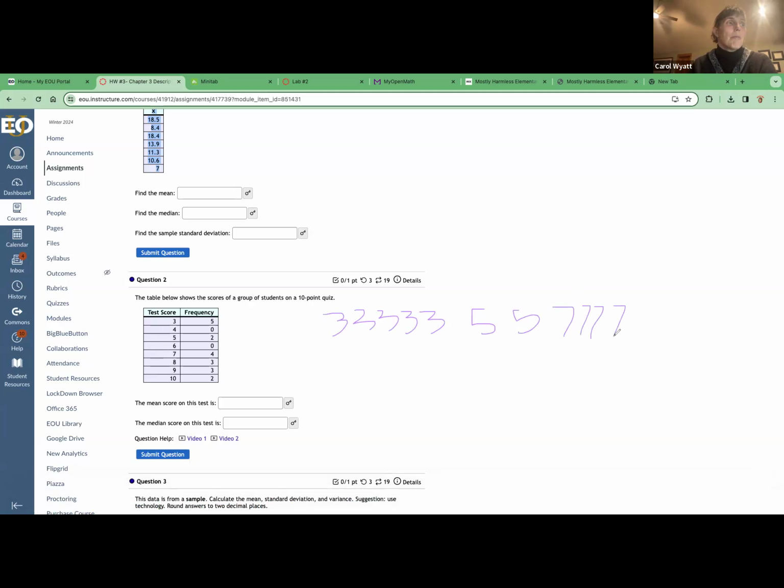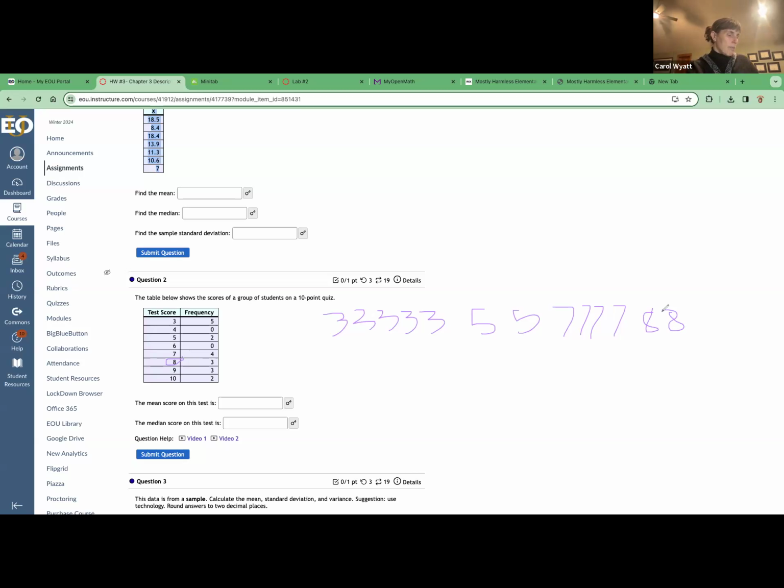See where I'm getting these numbers? And then there'd be 3 8s, and so on. But I don't want to have to write these out. I want to be able to just calculate them.